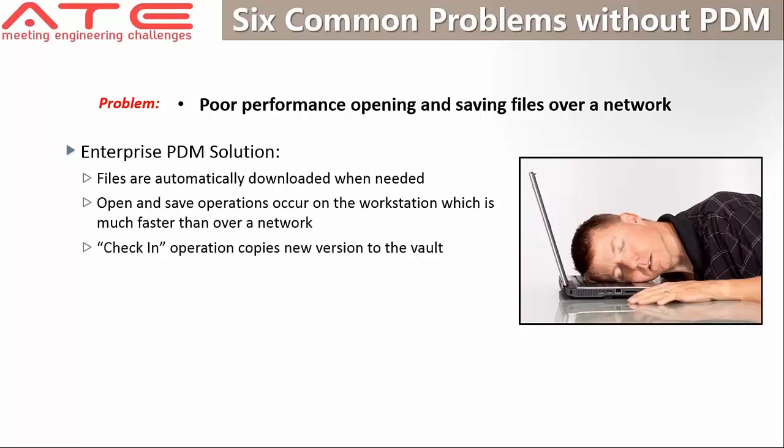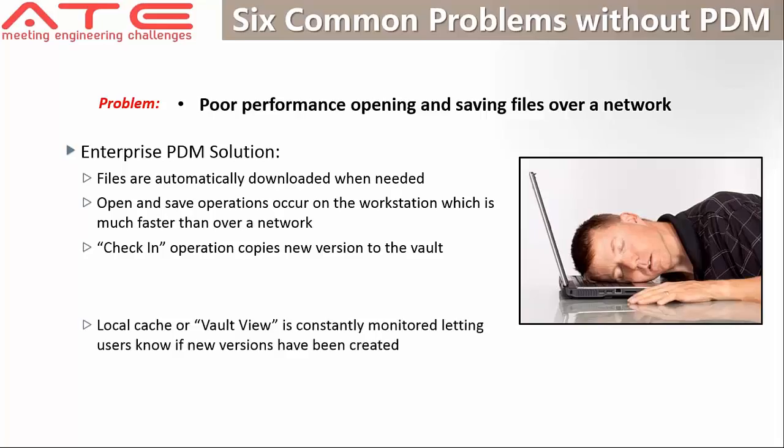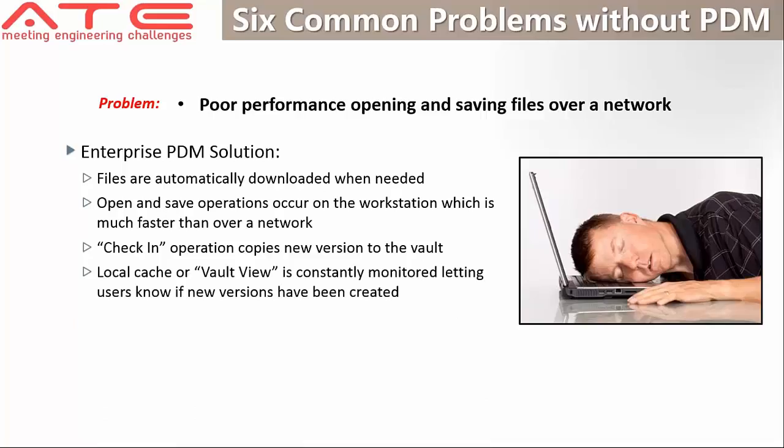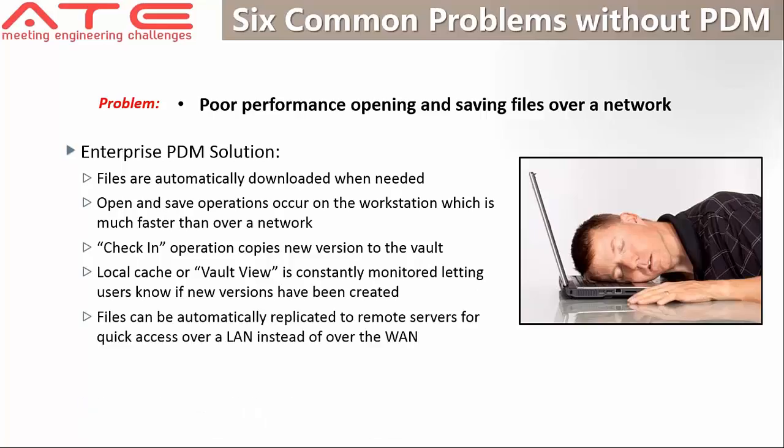Check-in operation copies a new version to the vault so that your modifications are saved as a new version. And local vault view is constantly monitoring and letting users know if new versions have been created, so automated notifications can be sent to other users when you are saving and opening files. Files can be automatically replicated to remote servers for quick access over LAN instead of WAN.